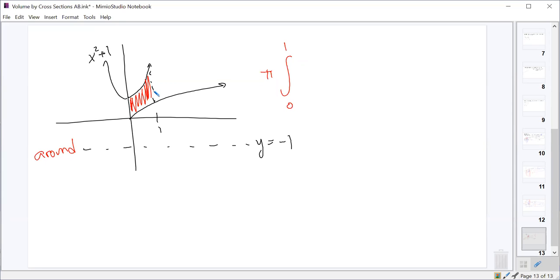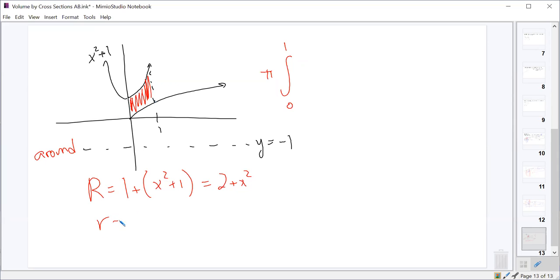Yep. Would it just be like the upper function plus 1 again? Yep. So our outer radius should be 1 plus x squared plus 1, or 2 plus x squared.